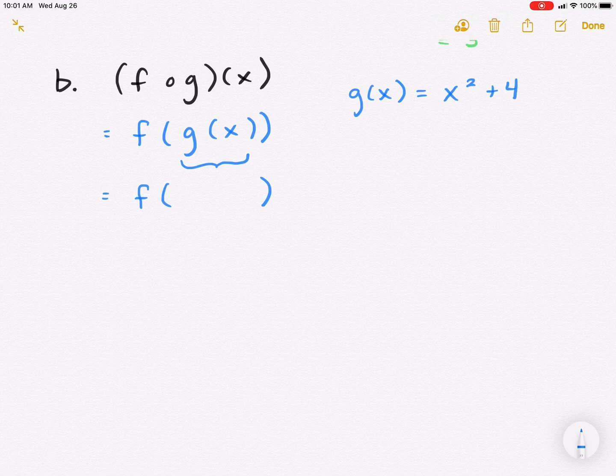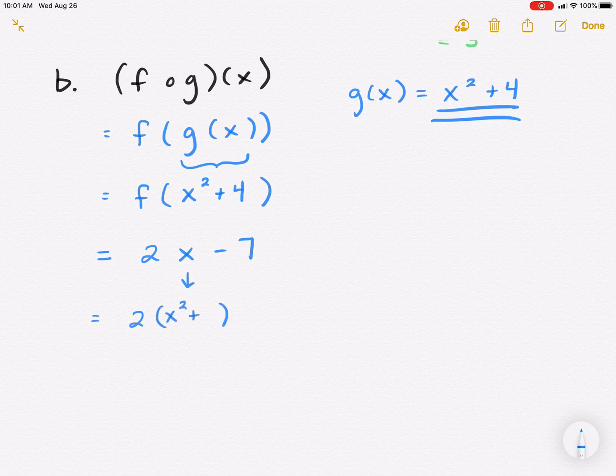So I'm going to take out the g of x, and I'm going to replace it with what g of x equals, which is x squared plus 4. Well, now, once I do that, we've been doing this kind of since the beginning of the unit. So here's what the rule for f looks like. It's 2x minus 7. What we're going to do is replace the x with x squared plus 4 and minus 7.